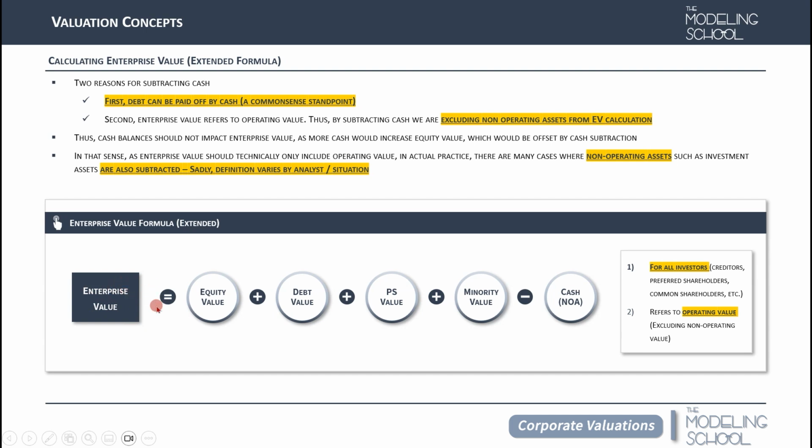So to reiterate, enterprise value represents operating value from the perspective of all investors, while equity value includes both the operating value and non-operating value from the perspective of common shareholders.